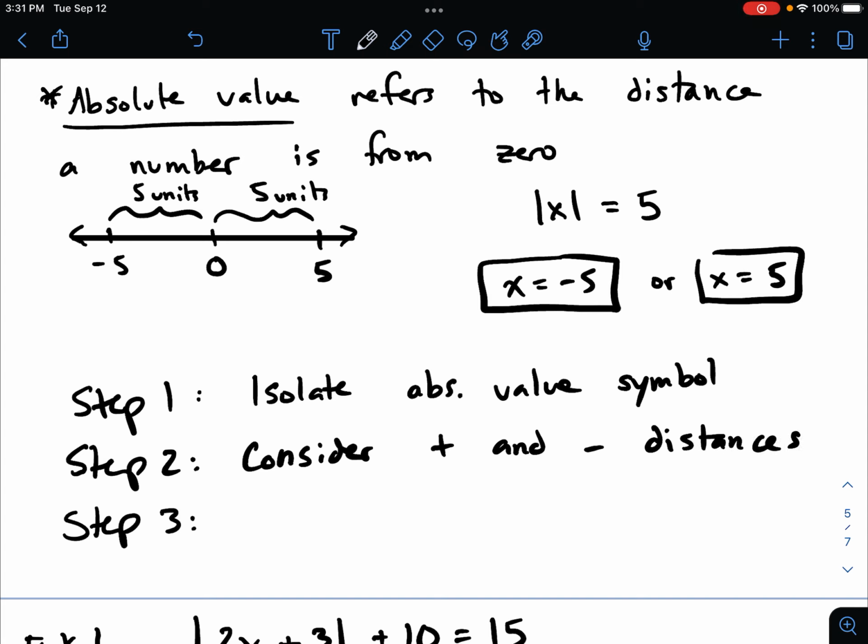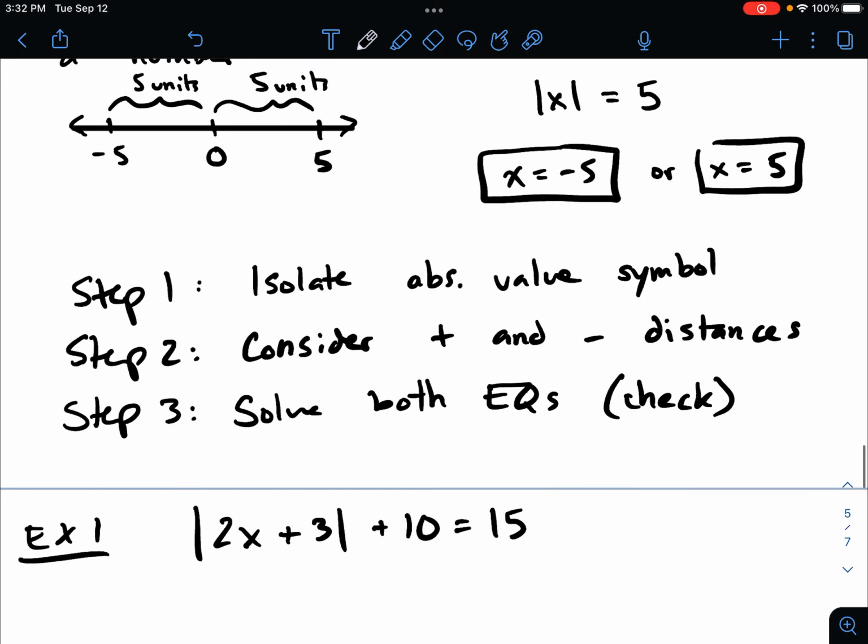Once you've done that, you're going to solve both equations. And then I typically like to check my answer just to make sure I'm doing it correctly. So those are the 3 steps to solving these, not too bad.